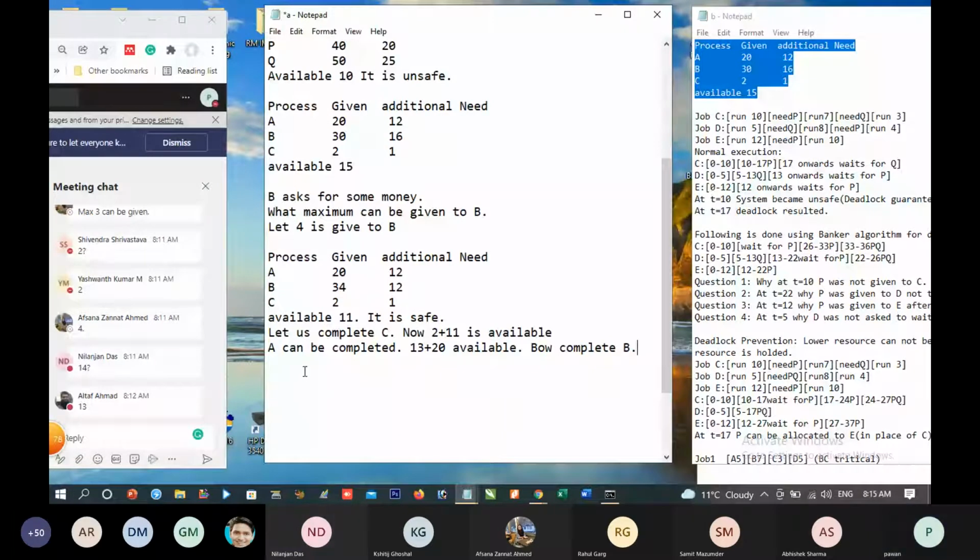Let 2 more rupees be given to B. What is going to happen?